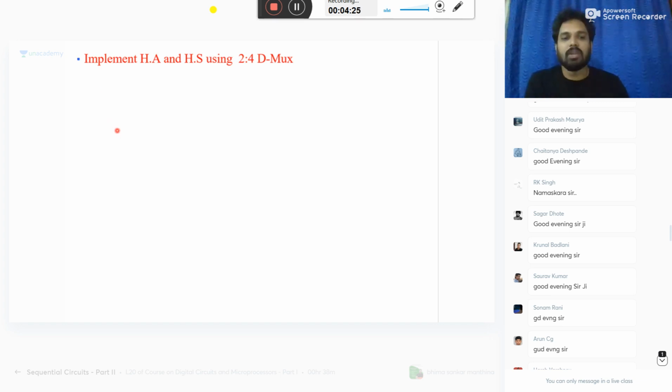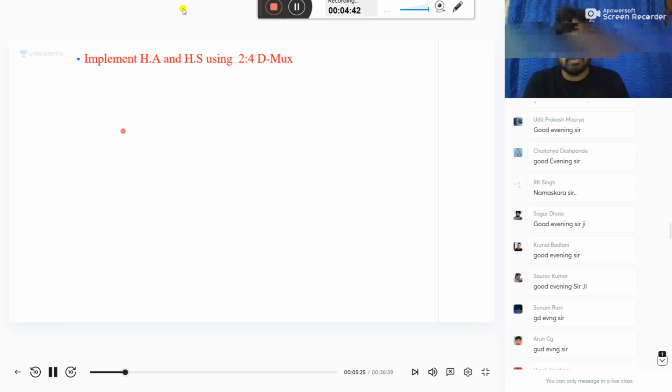So this is the question. Implement half adder and half subtractor using 2 by 4 decoder.